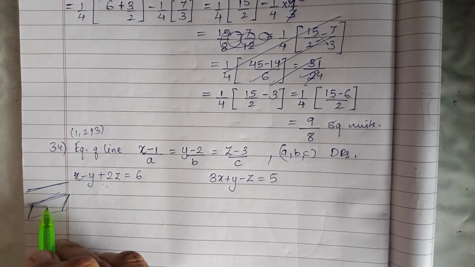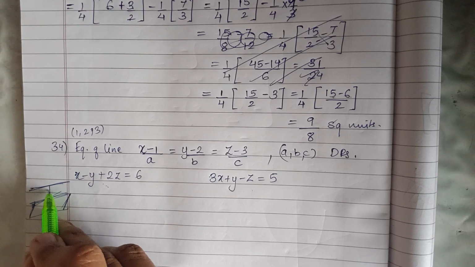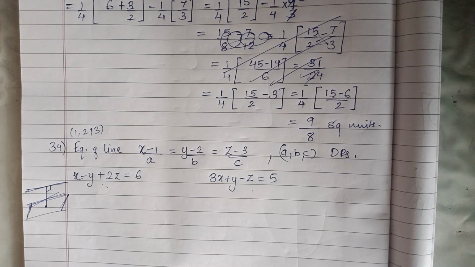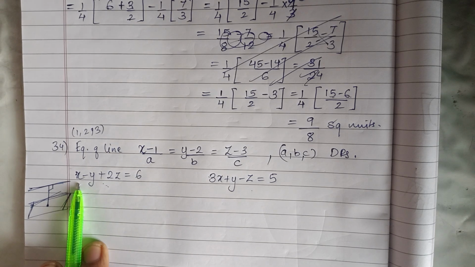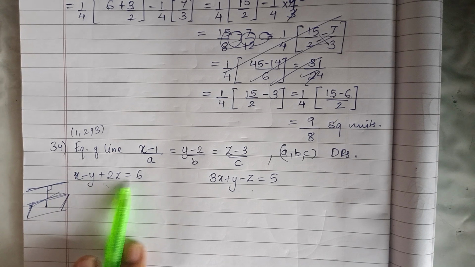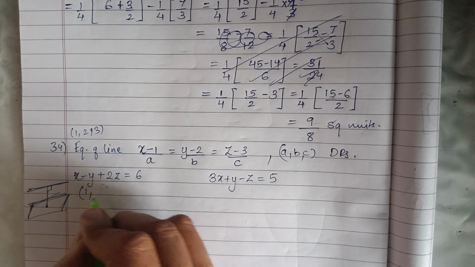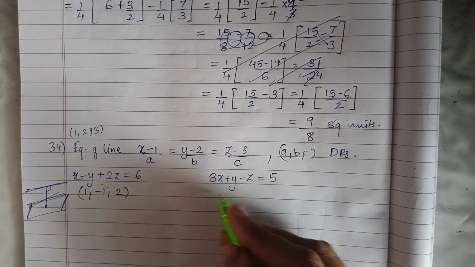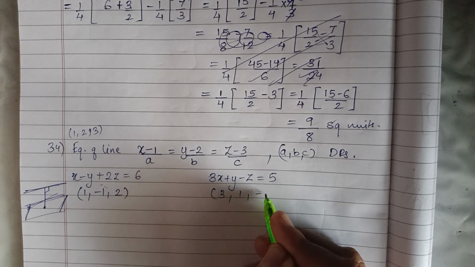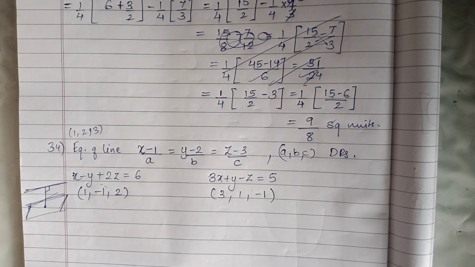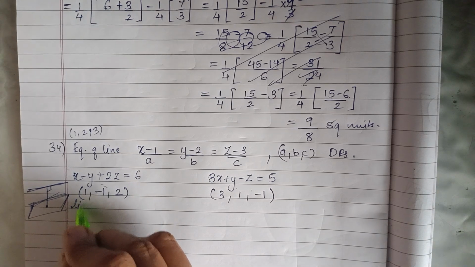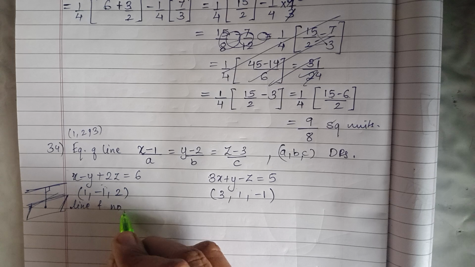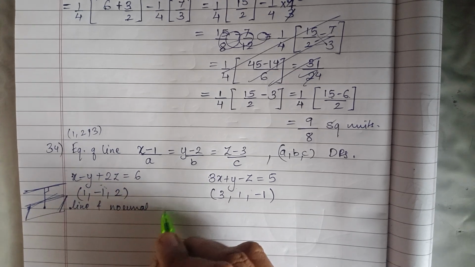So the normal of this plane will be perpendicular to this line, correct? What is the normal here? The normal is given by the direction ratios. So direction ratios are 1, minus 1 and 2. For this it is 3, 1 and minus 1. Correct? So the line and the normal are perpendicular.